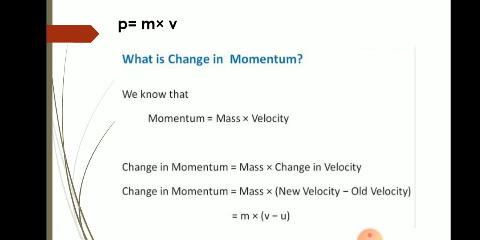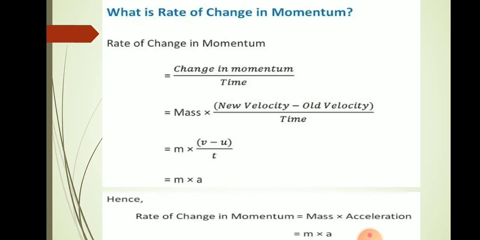If we consider the rate of change of momentum with respect to time, what is the rate of change of momentum? It is the change in momentum with respect to time. Change in momentum divided by time gives the rate of change of momentum.